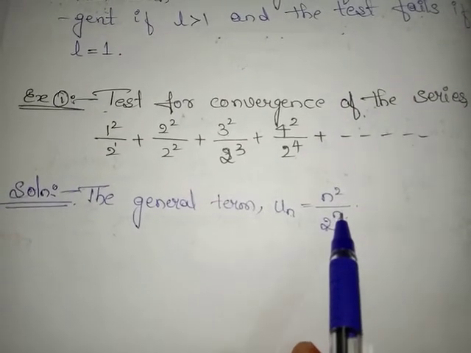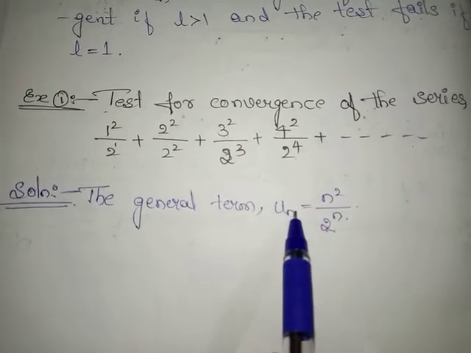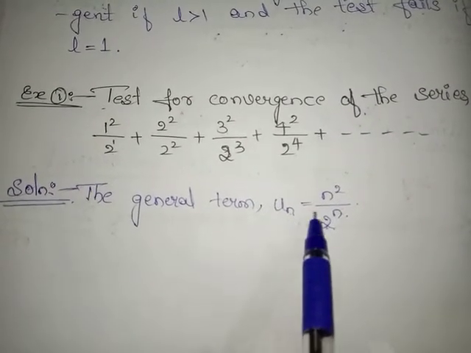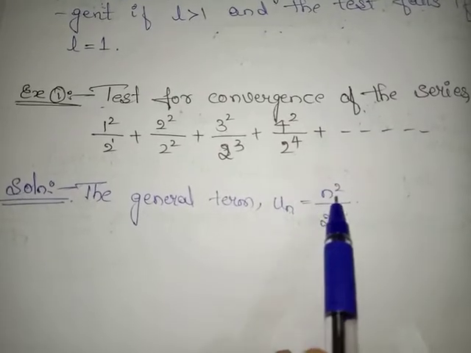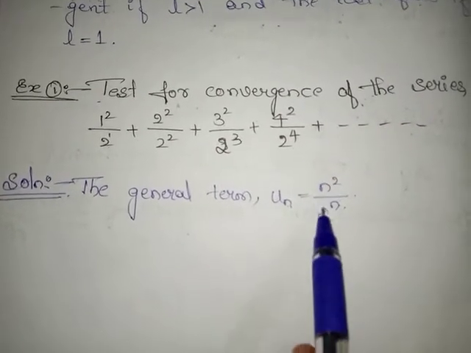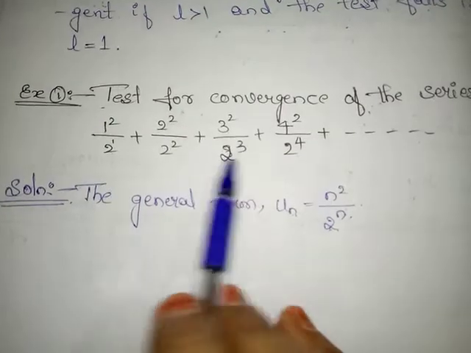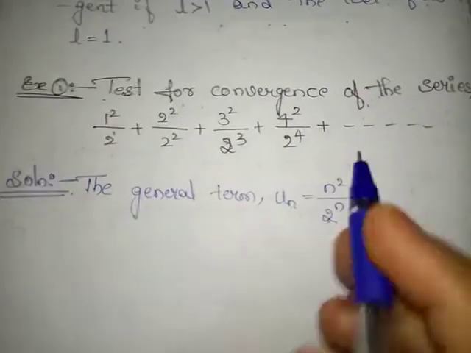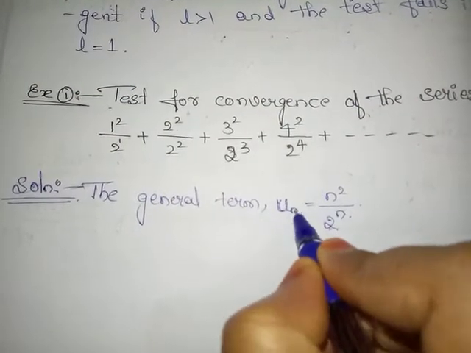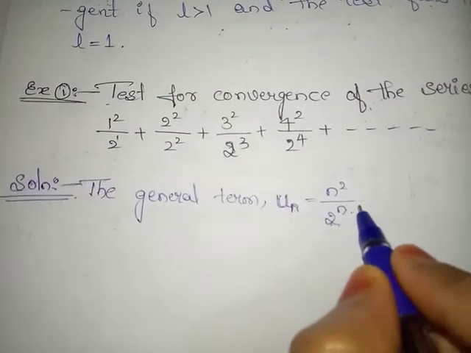divided by 2 cube, and when we substitute n as 4, the fourth term is 4 square divided by 2 raised to 4. See, our general term, the nth term, satisfies these given 4 terms. Means our assumption is right here. We are taking the nth value as n square by 2 raised to n, which is correct.